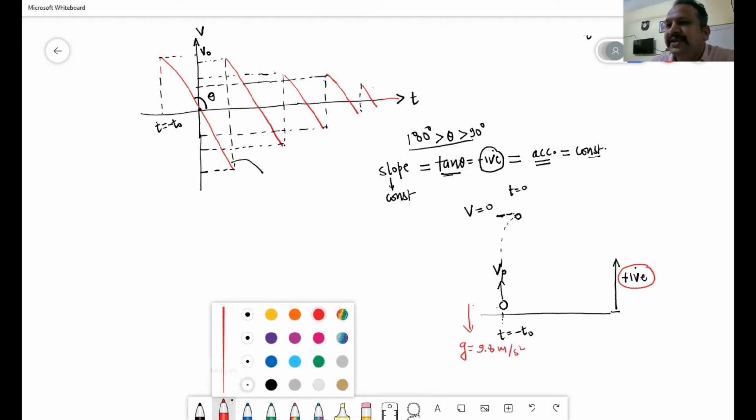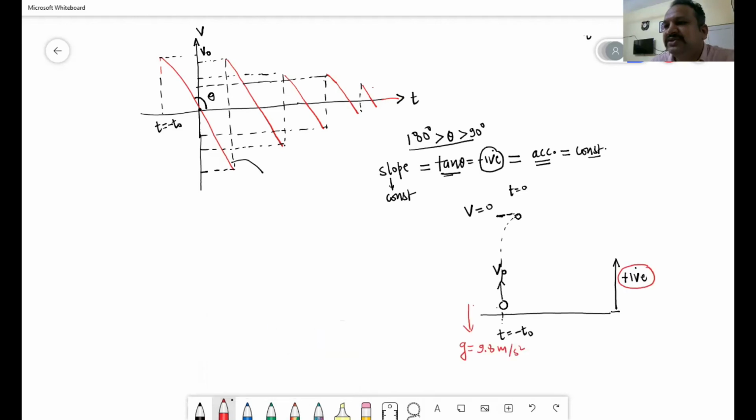So the slope is negative. Here the acceleration is also negative, because this direction is negative and it is constant, its value is fixed. So the slope of each straight line is constant.